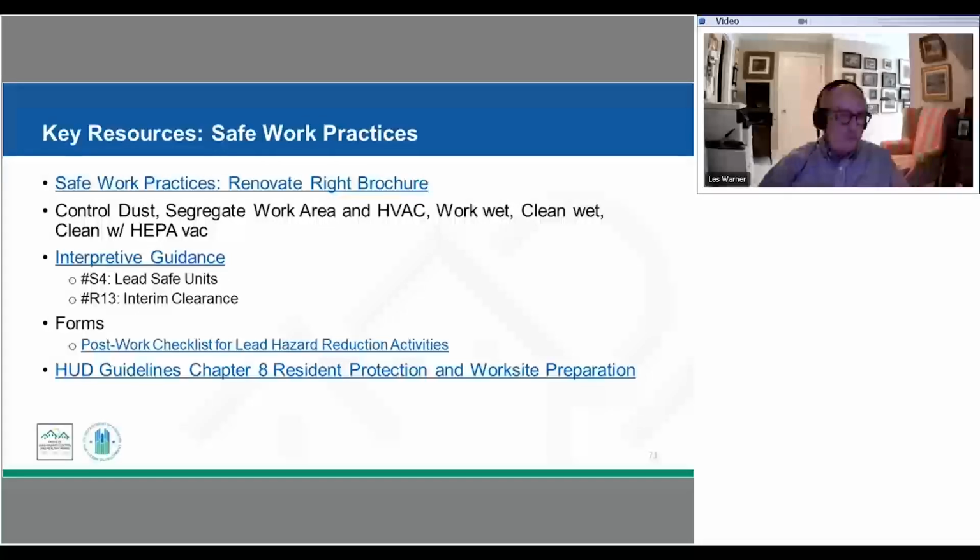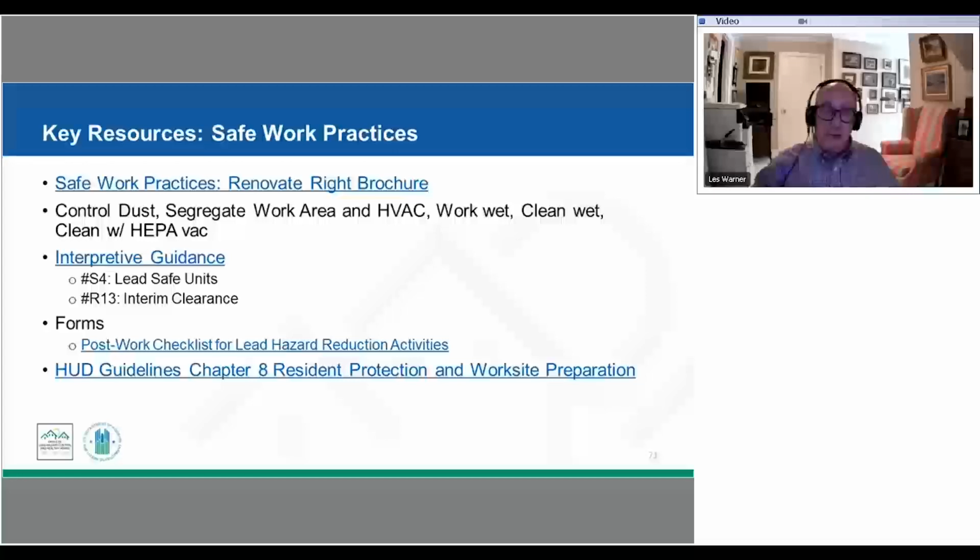So some specific ones we're just calling out here, S4, which is talking about lead-safe units. There is an interpretive guidance about interim clearance. So we might have a project where our lead hazard reduction work maybe is being done by a certified contractor, and then maybe after they've completed their work, we're having an initial and interim clearance, and having another contractor do some other improvements in that area.